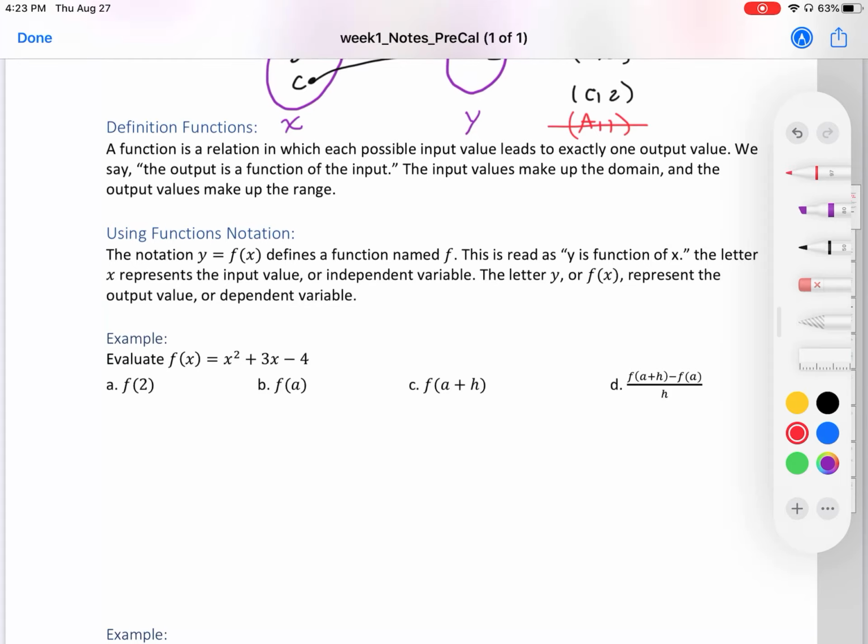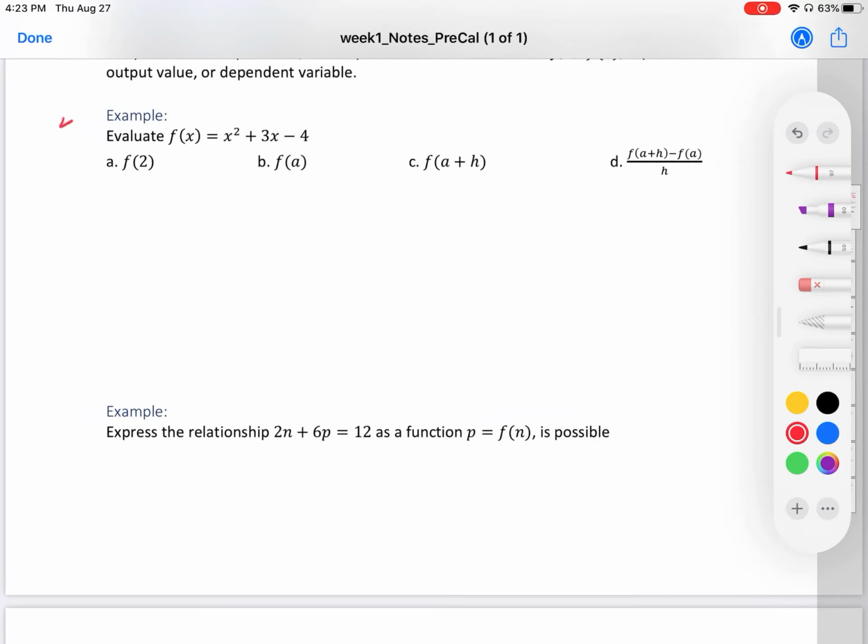All right, so this is how we evaluate a function. Let's take a look at the next example. We're being asked to evaluate f of x equals x squared plus 3x minus 4. So we're given a function. This is our function f. And now each part in our following questions is asking us to evaluate.